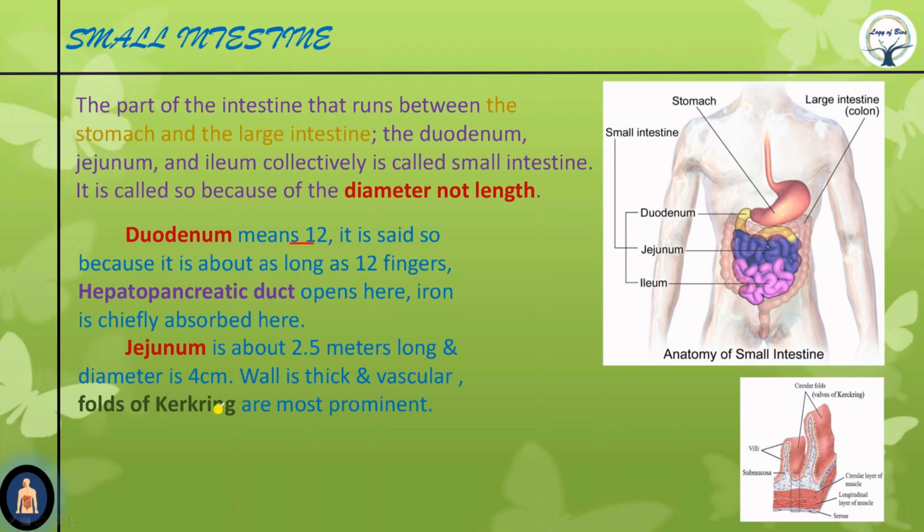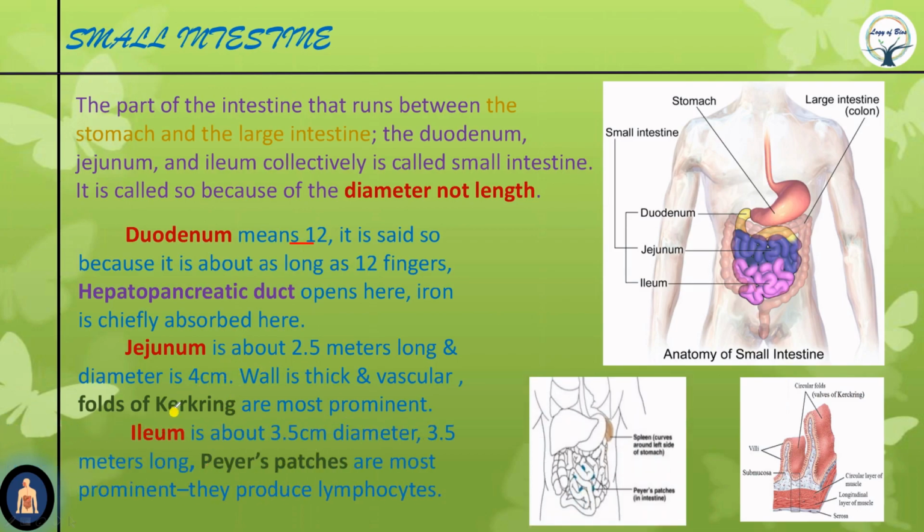Folds of Kerckring are folds of the mucosa layer, and they increase surface area. Jejunum means empty, and when we die and cut the jejunum, we always find it empty. So jejunum is named empty.